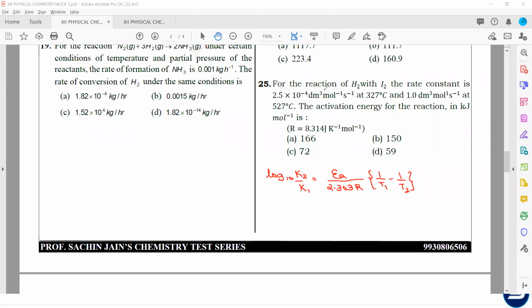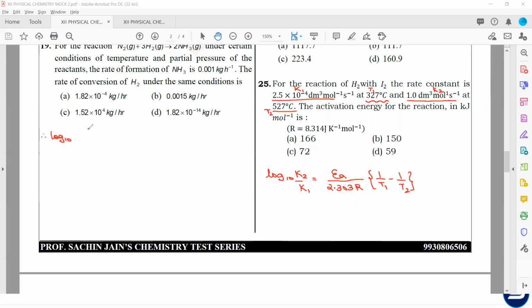So now the rate constant is given at the two temperatures. This temperature has to be selected as T1 or T2? The lower is T1, the higher is T2. So this value will be your K2 and this value will be K1. Just take care of the calculation.